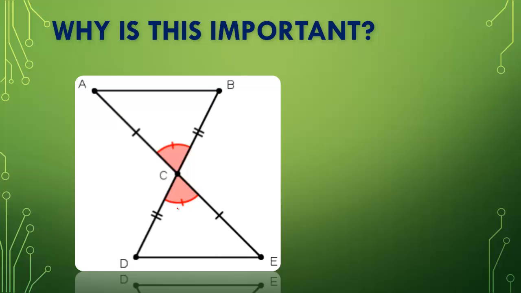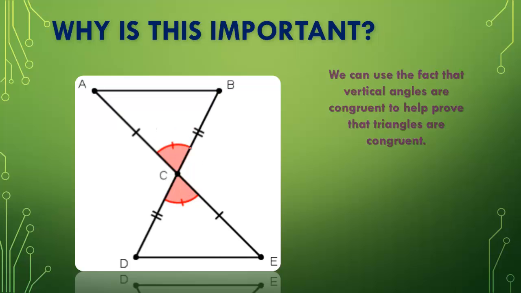This is important because if you have a diagram like this and you have these two sides, kind of like the reflexive property, you've got vertical angles, so this is congruent to this. So even though it's not in the diagram that you're given, it's one little bit of information that you can add in there. So now I would be able to prove these triangles congruent by side, angle, side.